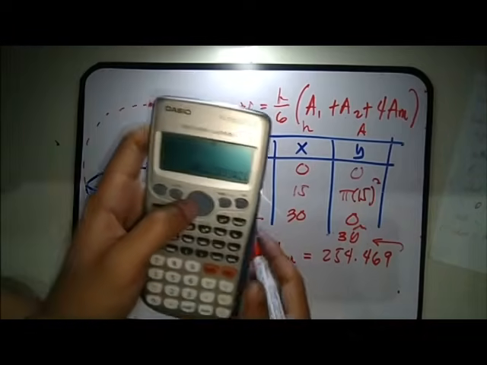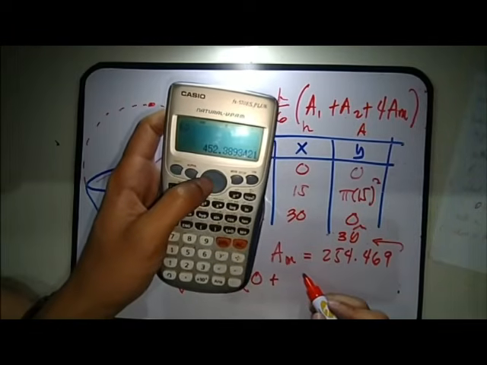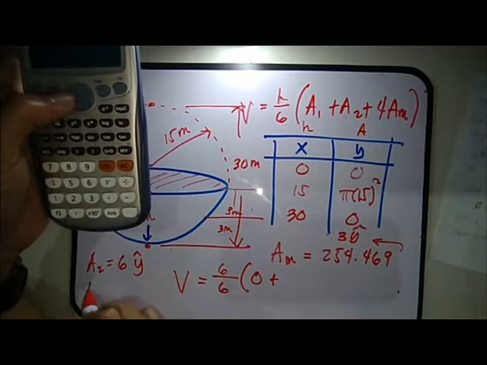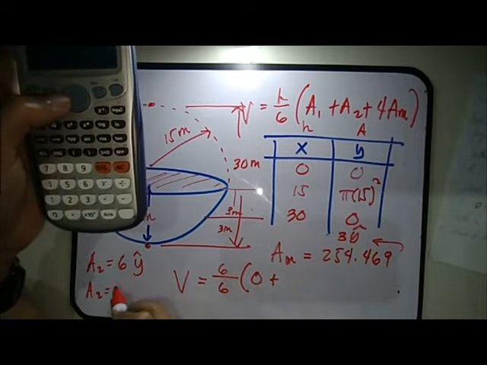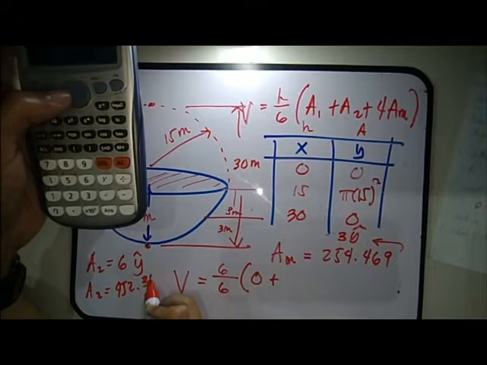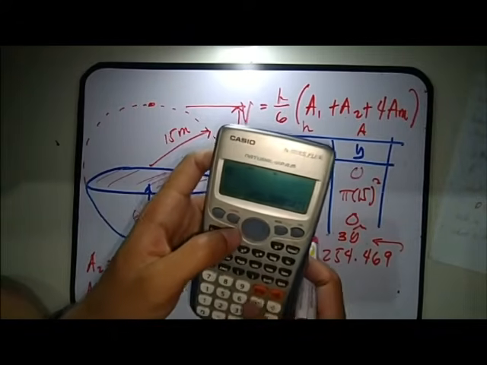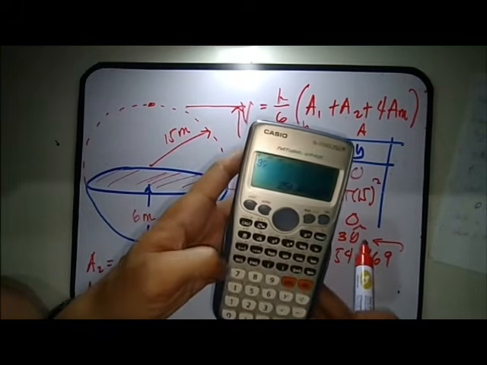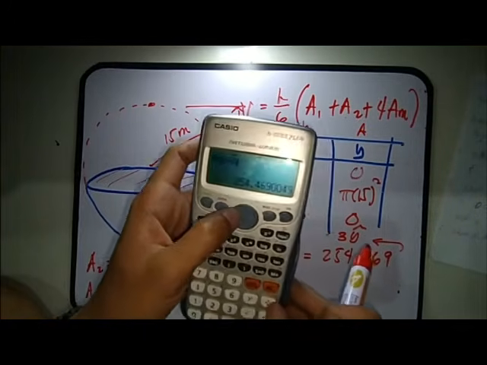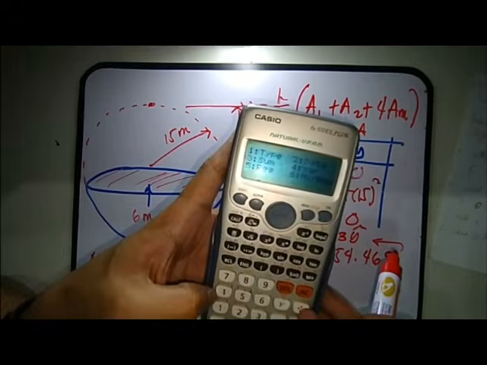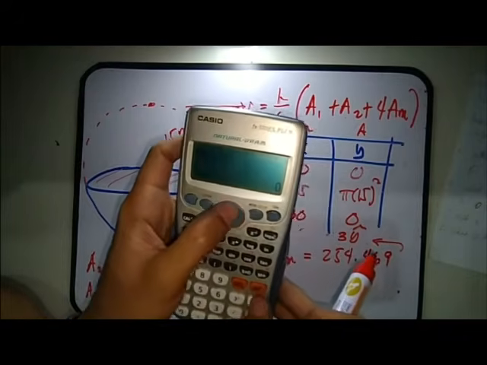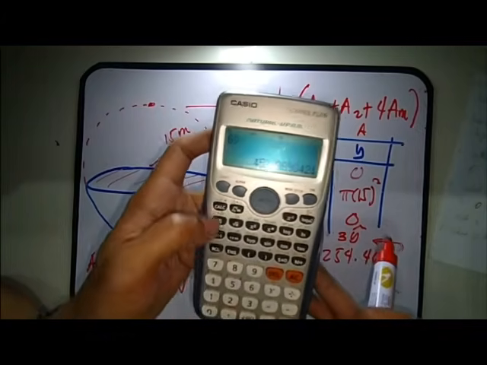We have 6 y hat, that is 452.389. I-store lang natin yung mga values. So, yung 3 y hat, let's say, i-store natin sa A. Then, yung 6 y hat, i-store natin sa B.